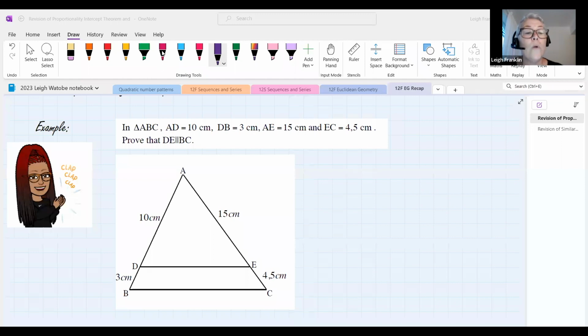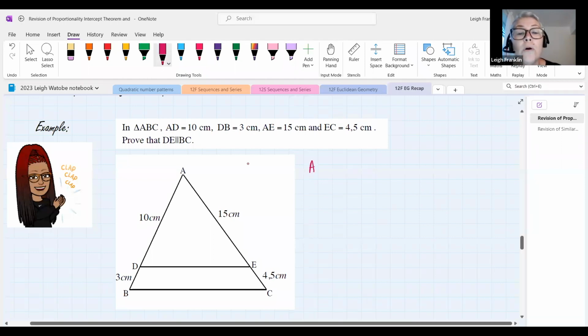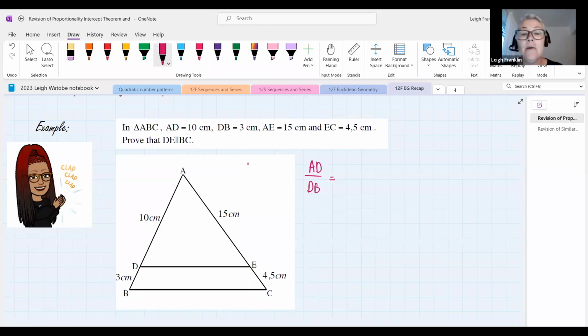So we are going to work out what AD over DB is equal to. I'm going to write AD over DB, and sub in 10 over 3. Then I'm going to work out what AE over EC is equal to.